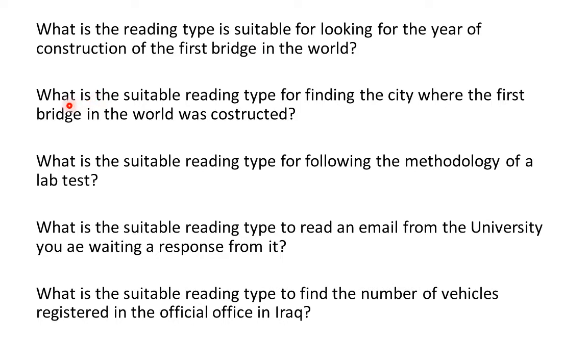Let's go to the second question. What is the suitable reading type for finding the city where the first bridge in the world was constructed? This question is about the name of the city. The name of the city can be found by using scanning. Right.